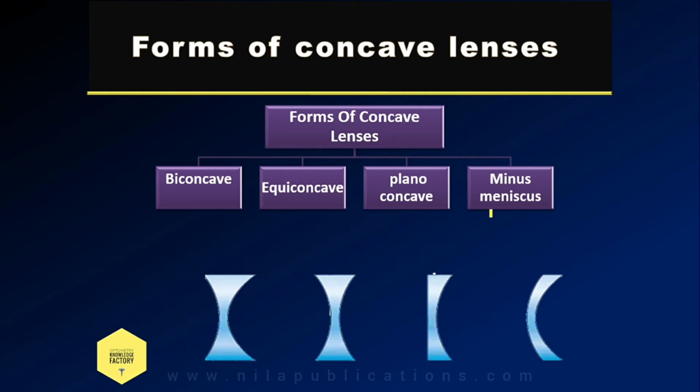In equiconcave, it is a type of biconcave, but the front and back surface have equal power. Then planoconcave. In planoconcave, one surface is plano and all the power of the lens is contributed by the other concave surface. In minus meniscus, one surface is concave and the other surface is convex, and the power of the concave surface will be greater than that of the convex surface.